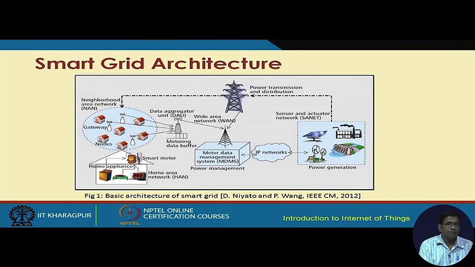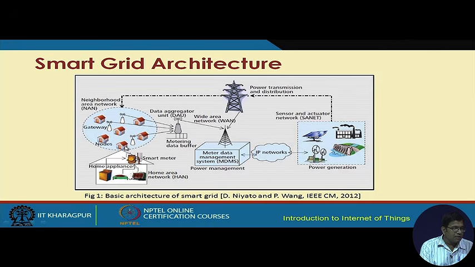If we look at it, what we have is the source of power generation, which can be from the renewable as well as the non-renewable sources. This energy is, as you can see, fed through the different transmission lines and distribution systems to different offices and homes, and these form something known as the neighborhood area network.